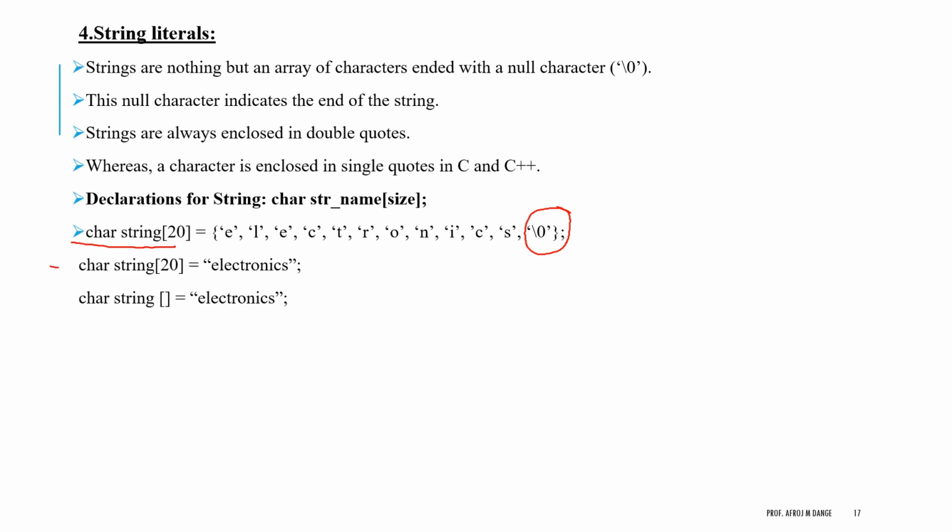The next one is char str[20] = "electronics"; where the whole word is enclosed in double inverted commas, which is our string. And the last one, char str[] = "electronics"; with empty square brackets, where whatever your string is, here electronics, is a string in double inverted commas, followed by a semicolon.